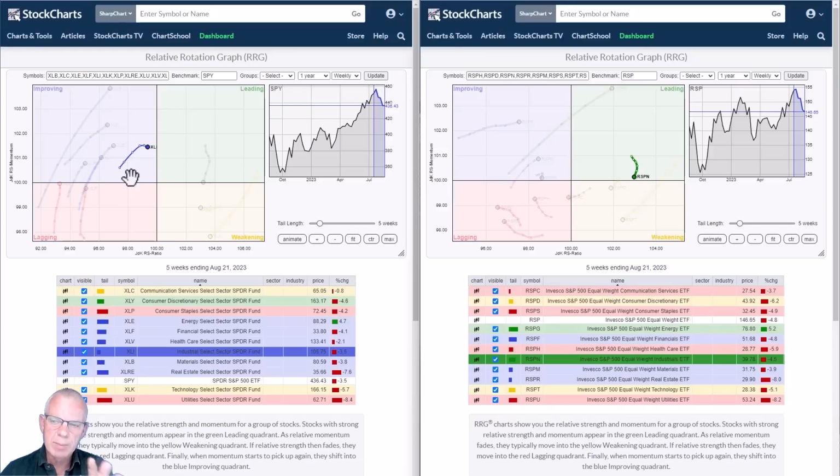I can still make a pretty positive case, but it looks as if the equal weight version is actually doing a bit better because it's already going through that rotation, and it's way higher on the RS ratio scale compared to RSP. So on an equal weight basis, the larger names inside industrials are underperforming the rest of the group.